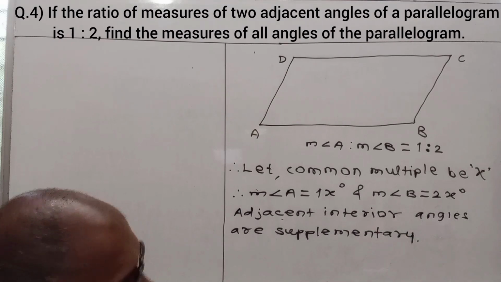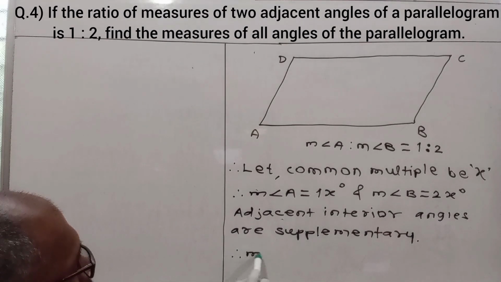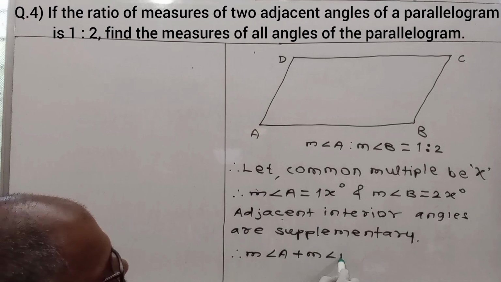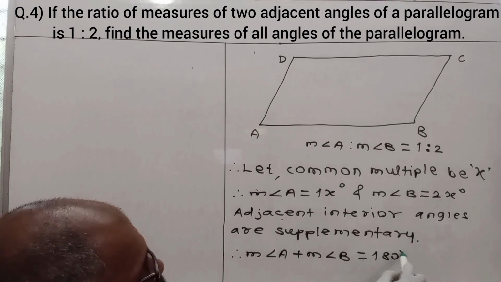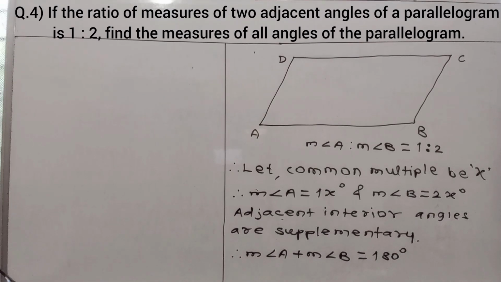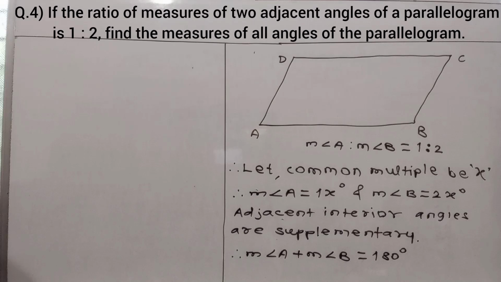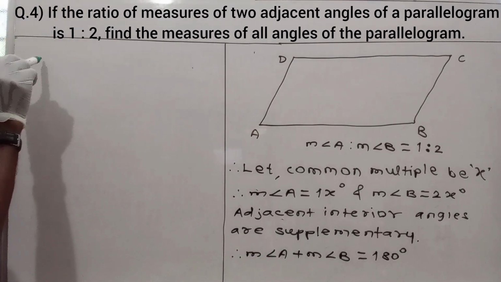Adjacent interior angles are supplementary in parallelogram. Okay, therefore measure angle A plus measure angle B is equal to 180 degree. Did you get it?